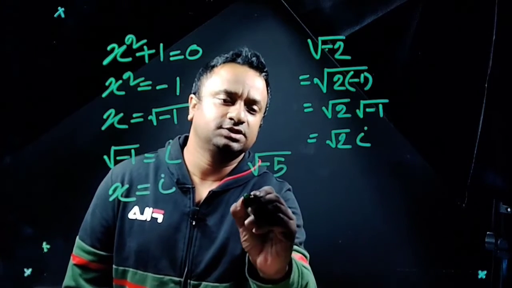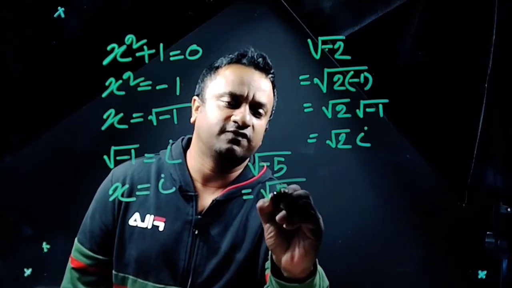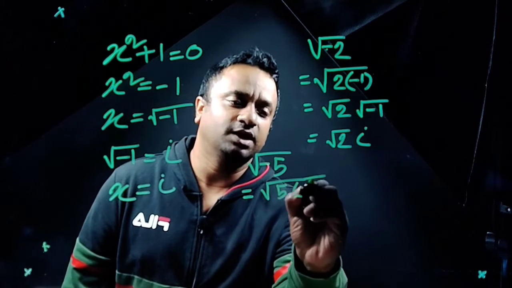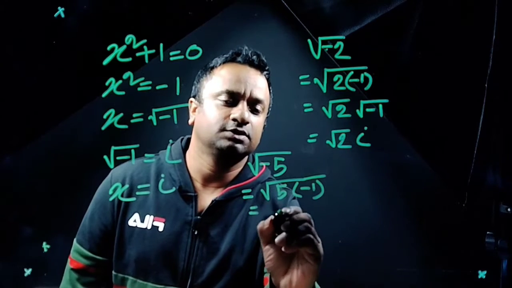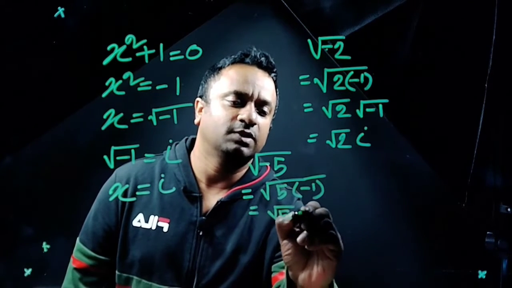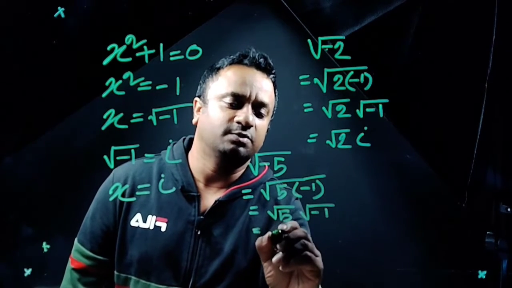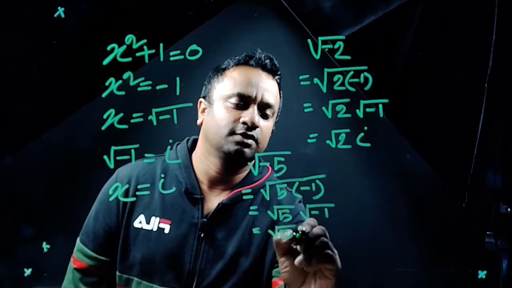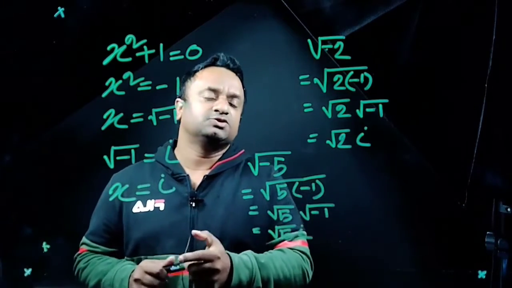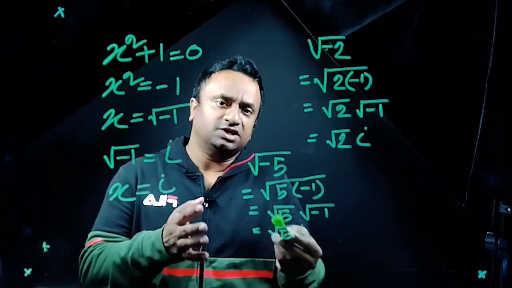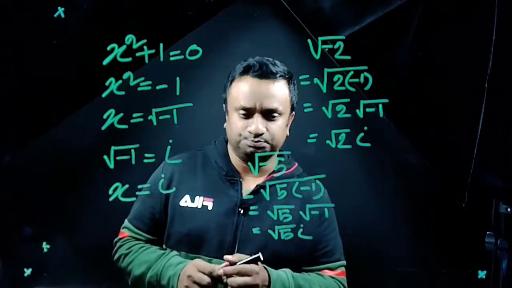We can write it as the square root of 5 multiplied by -1, and then split it into the square root of 5 multiplied by the square root of -1, and this becomes root 5 i. So we see that we can express the square root of any negative number in terms of i, and i is called the imaginary number.